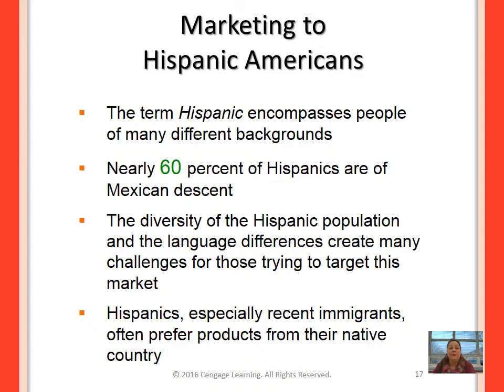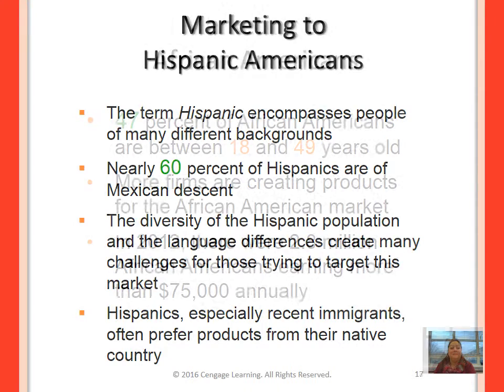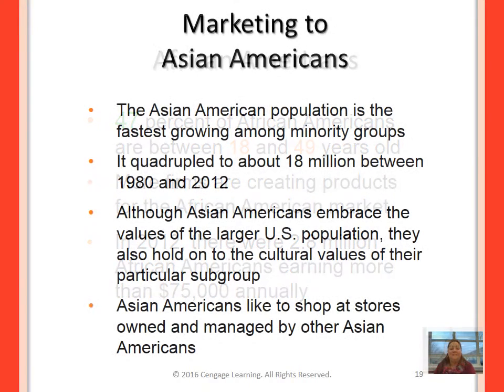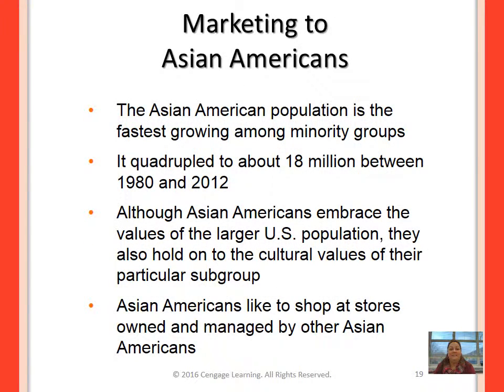Hispanics will choose brands that reflect their native values and their culture. Asian Americans represent only 6% of the U.S. population. They have the highest average family income of all groups, which is $68,780. 52% of all Asian Americans over the age of 25 have at least a bachelor's degree.